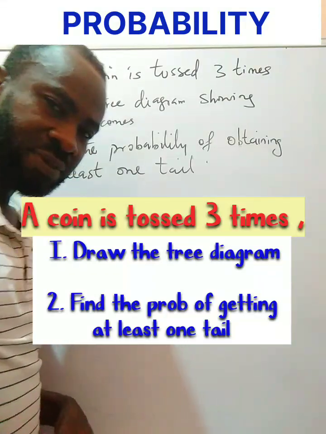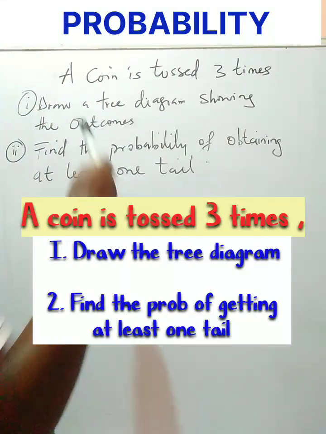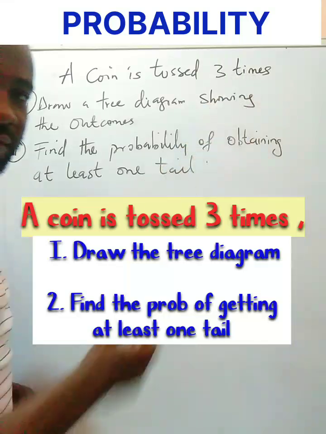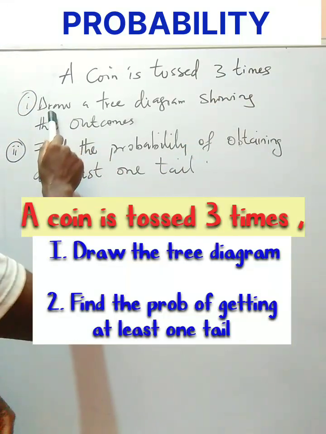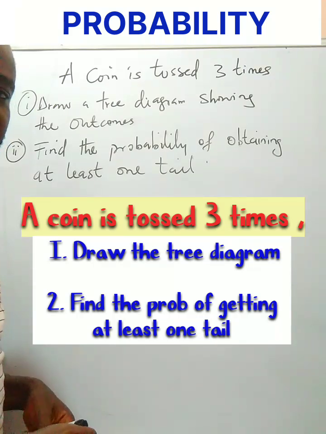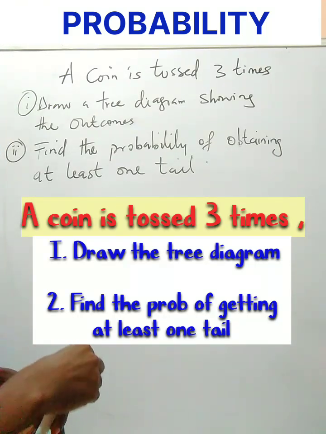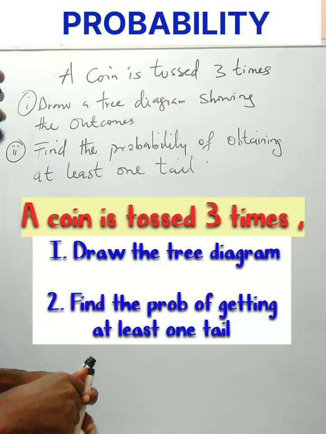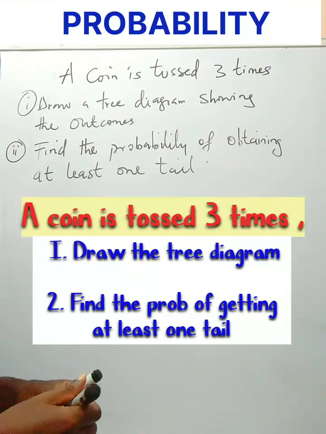This question on probability says that a coin is tossed 3 times. Draw a tree diagram showing the outcomes. So we want to draw a tree diagram showing the outcomes when a coin is tossed 3 times.